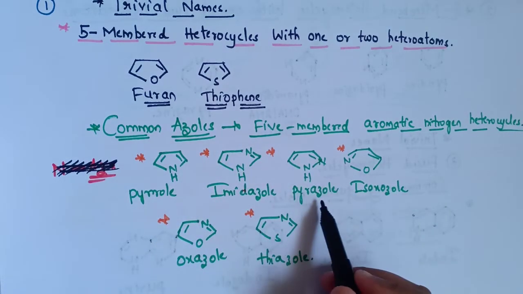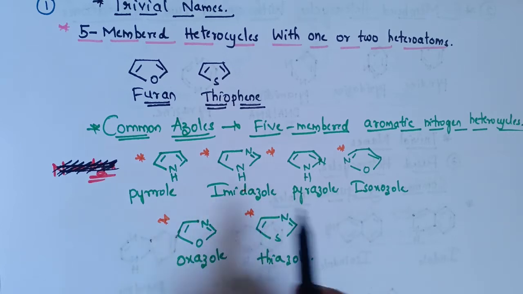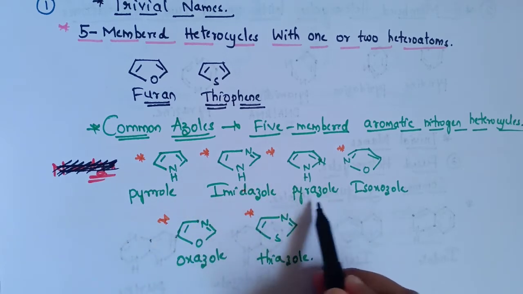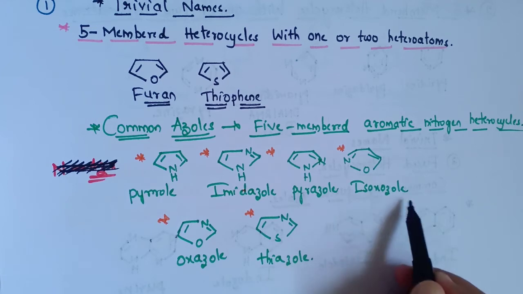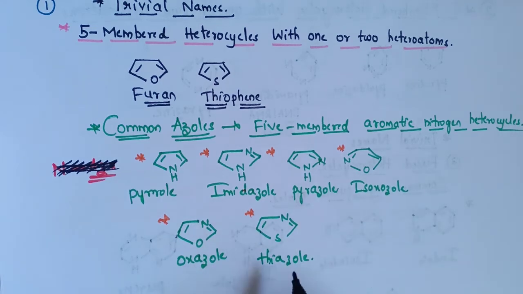Here is pyrazole. See the difference between the two structures. It is pyrazole, and it is isoxazole, and it is oxazole, and it is thiazole. These are the trivial names or the common nomenclature of these heterocyclic compounds. They are given these names by their origin, their occurrence or their special properties.